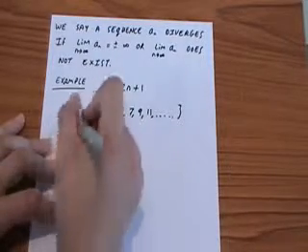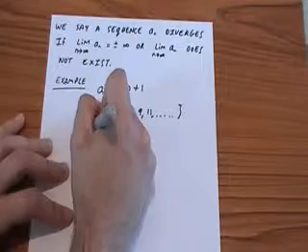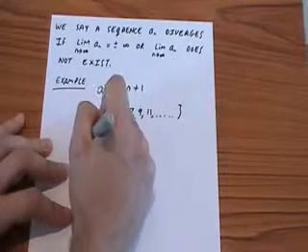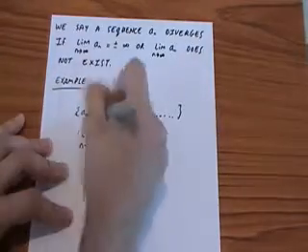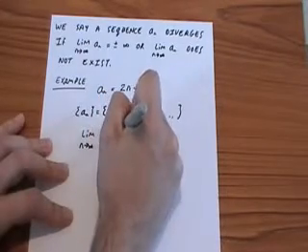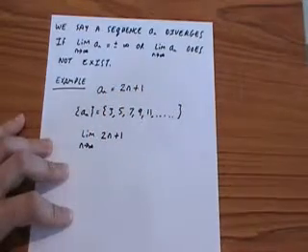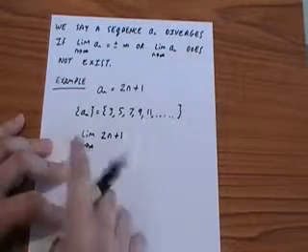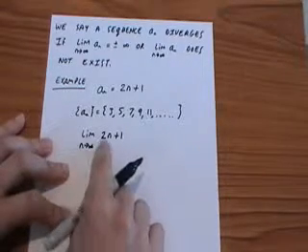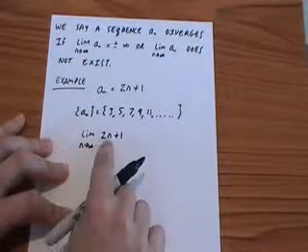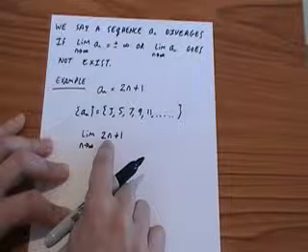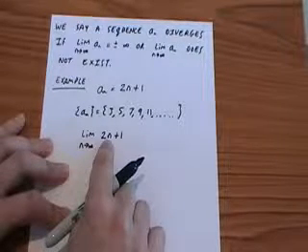But in order to prove that, what I need to do is calculate the limit as n tends to infinity of 2n plus 1. Okay, so if I was to let n tend to infinity in this, well, 2 times n is just going to make it go towards infinity twice as quickly.